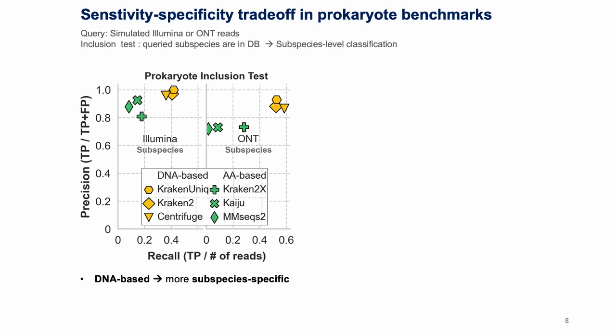As you can see here, orange-colored DNA-based tools showed higher precision and higher recall than the green-colored amino acid-based tools, because DNA-based tools can exploit point mutations to distinguish between the subspecies.